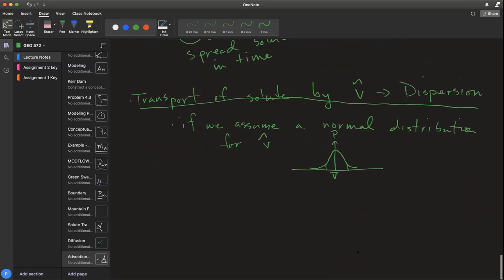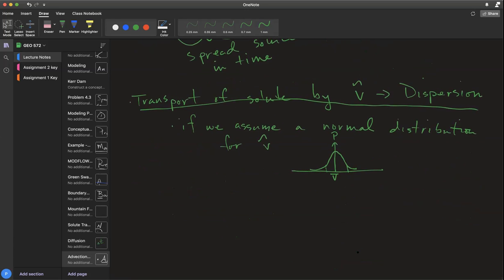If I do that, it turns out that we can model dispersion as something that looks like a diffusive process.